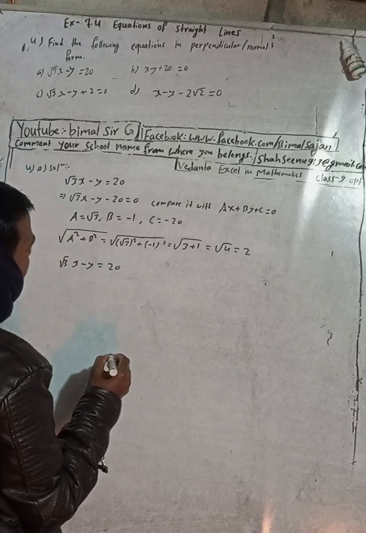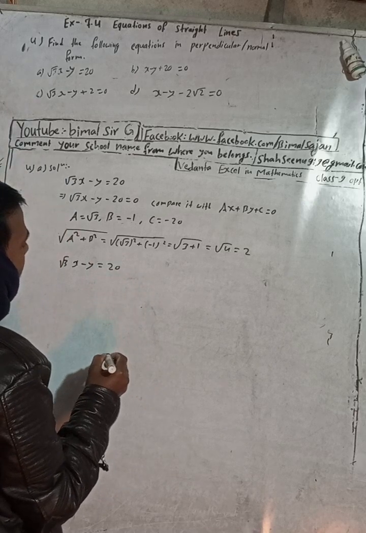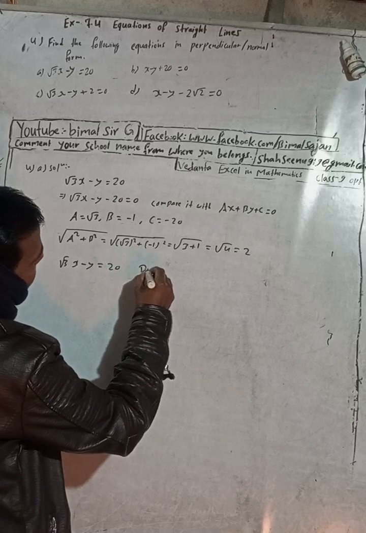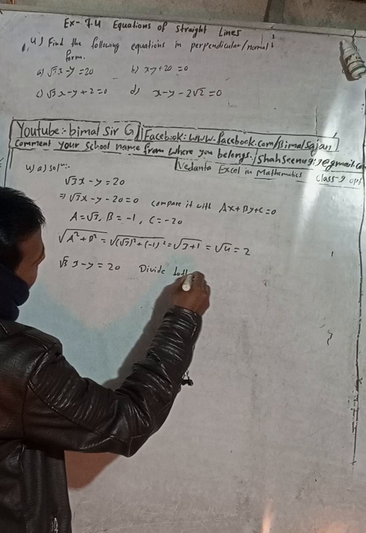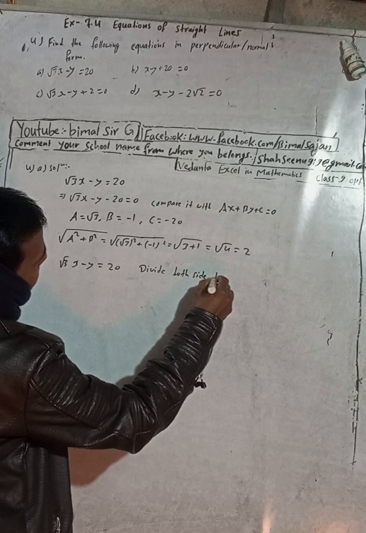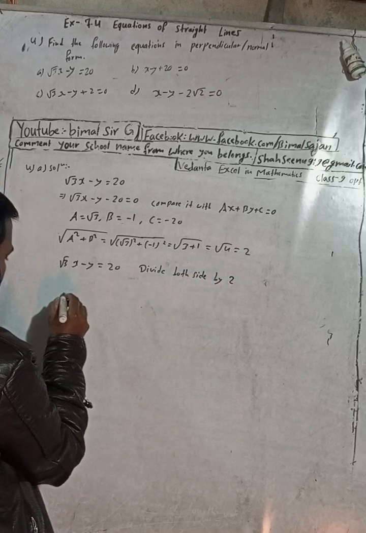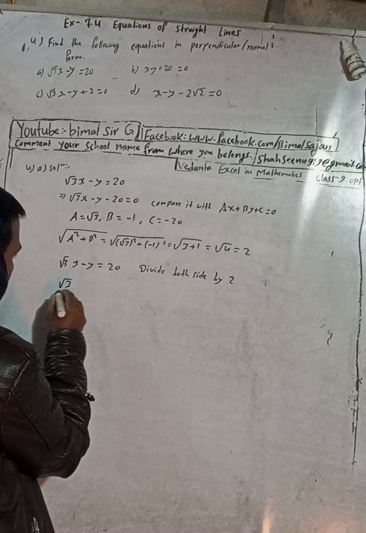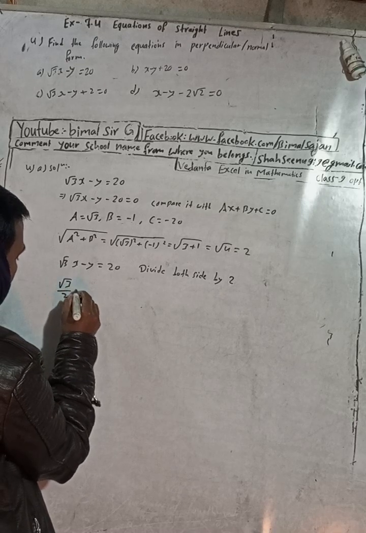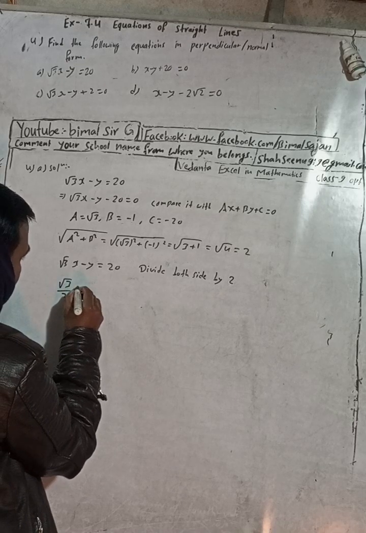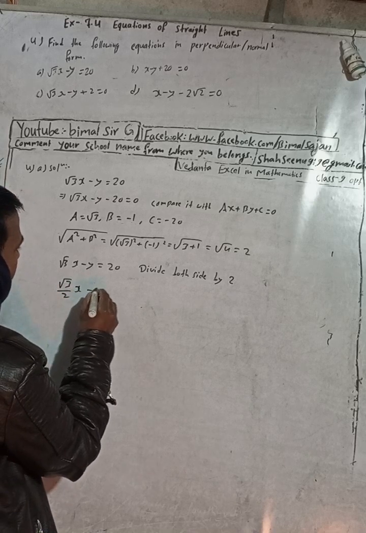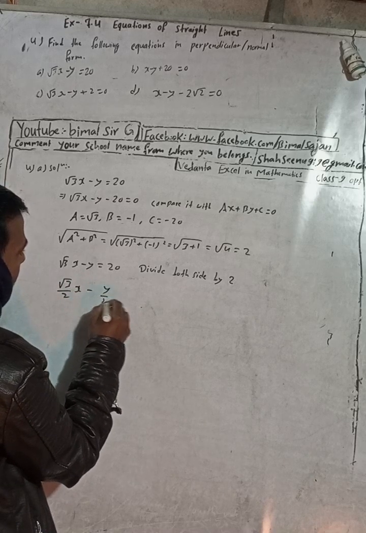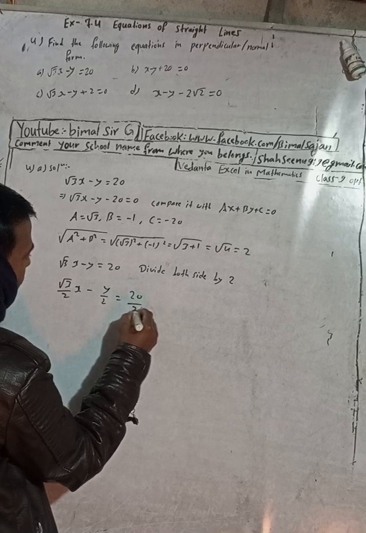Now what you can do here, divide both sides by 2. When we divide, this is now here root 3 by 2 x minus y by 2 is equal to 20 by 2.